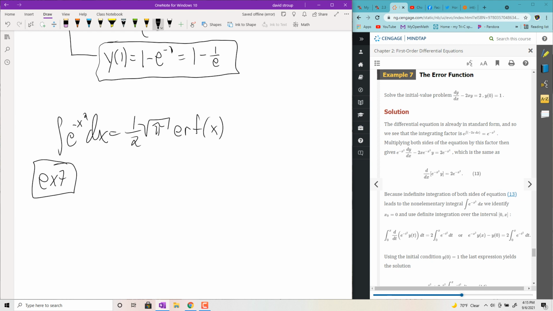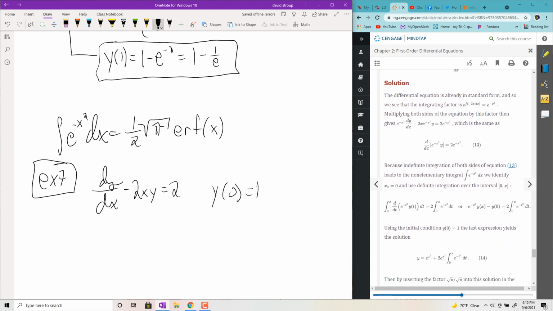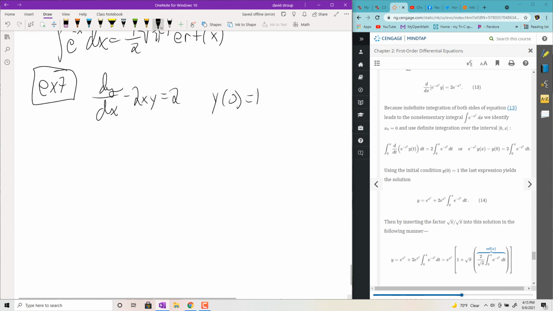Okay, so example 7, our differential equation dy over dx minus 2xy equals 2, and y of 0 equals 1. Let's look for mu first.